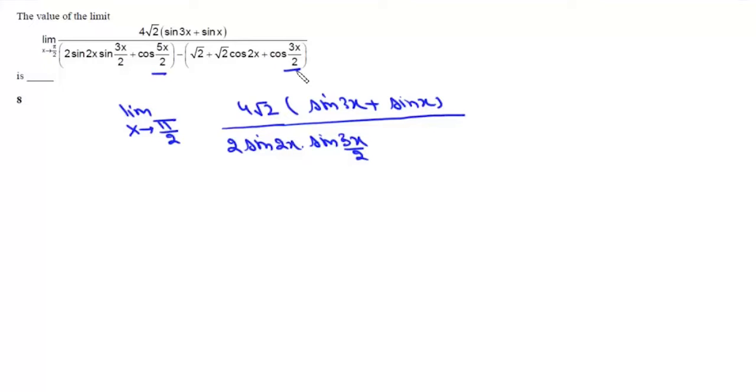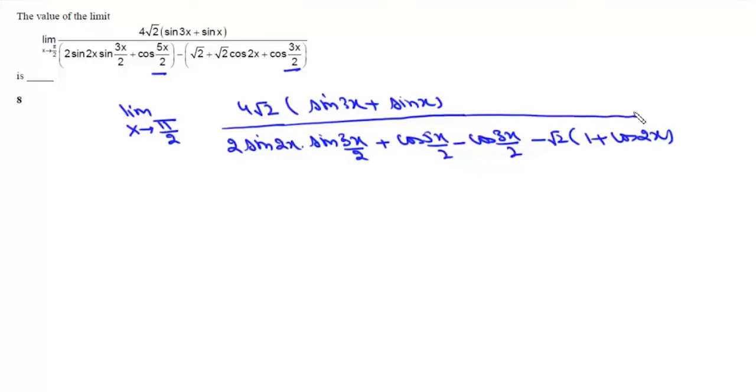And what we'll do is we'll take these two together. So we'll write this as cos 5x by 2 minus cos 3x by 2, and then minus, we'll take root 2 common, and it will be 1 plus cos 2x. Now we'll use trigonometric formulas. So we'll write this as limit x tends to pi by 2, 4 root 2.